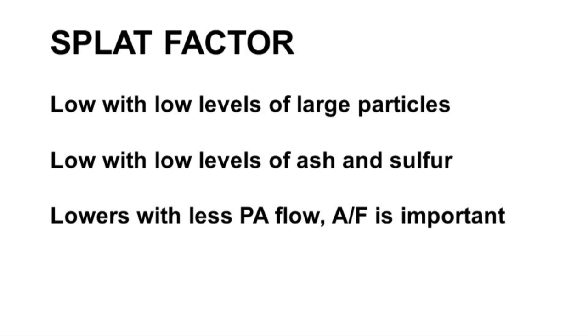And then of course anything that you can do to lower the velocity in that coal pipe, like reduce the primary airflow, or again that higher calorific value has the same impact as not having such a high velocity coming out of that pipe. So reducing the velocity of the pipe, the size of the particles, and the coal that you're actually delivering to the plant having low levels of ash and sulfur all help minimize wall slag formation.